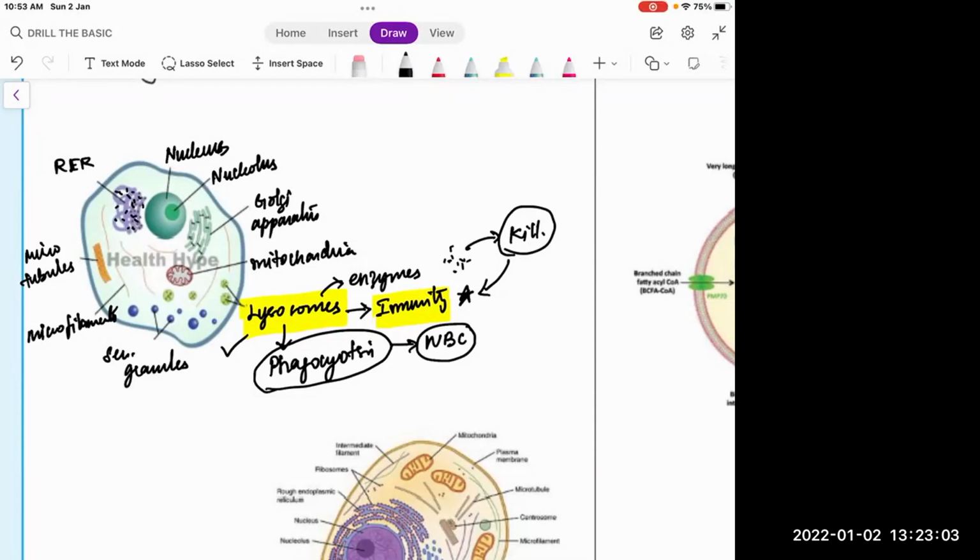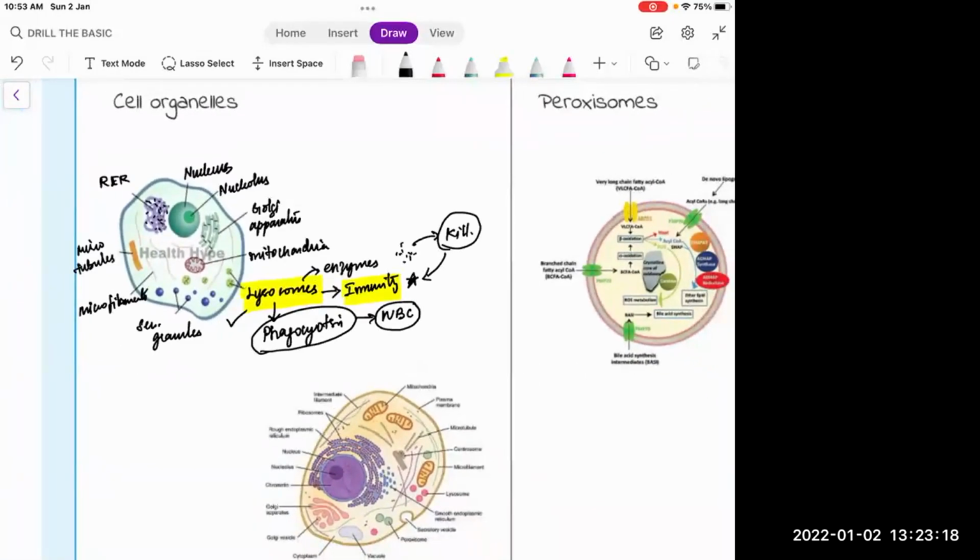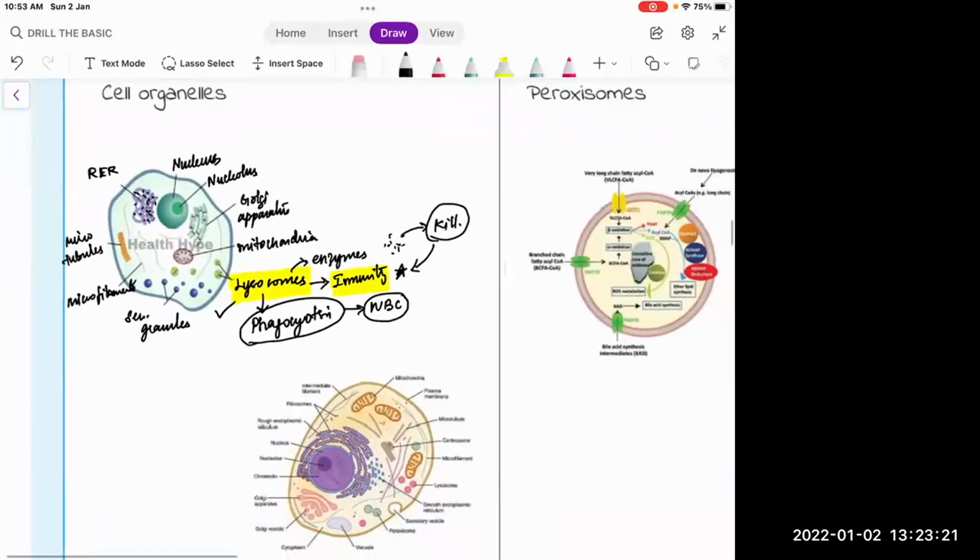So the lysosome is not only involved in the immune mechanism, it is also required for maintaining the physiological environment. This is how you will get basic questions in physiology.